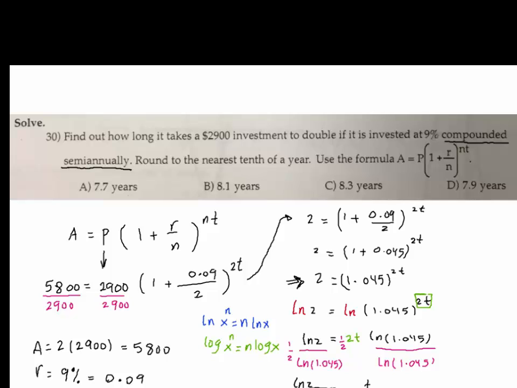To solve for t, we just have to grab our calculator and enter these numbers. That's all you have to do. A natural log of 2 would be 0.69 if you use your calculator.